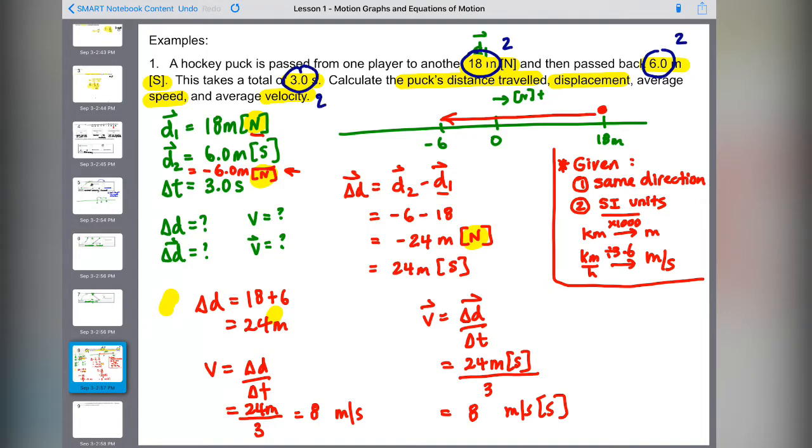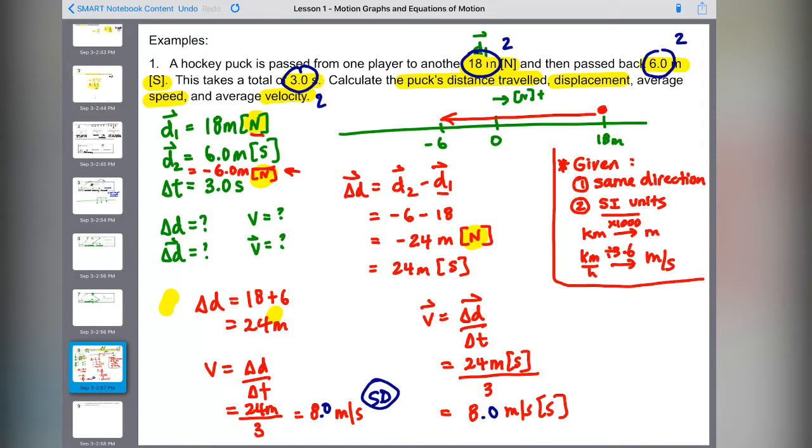So you always go back to your question to figure out your sigdigs, and we keep the minimum number of sigdigs. 2, 2, 2, the smallest number is 2. So I need 2 sigdigs. Don't forget, I actually need to put 8.0 for both of the answers. If it's 8, it only has one significant digit, and in order to make it one more, you have to put the .0. So that's one thing I needed you to pay attention to: sigdigs.